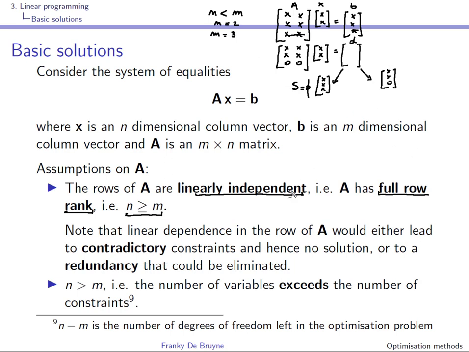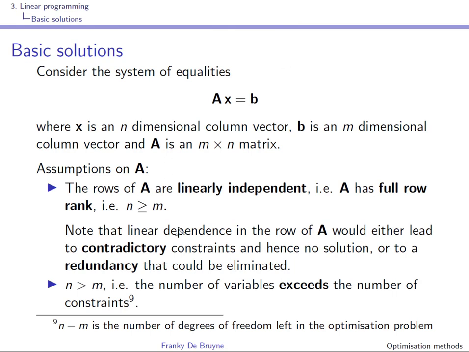So we see here that indeed we can always make the assumption n larger or equal to m, and that the rows of A are linearly independent. If this assumption is not met, this case here would either lead to contradictory constraints, this case, right? Or to redundancy, and then one of the constraints can be eliminated.